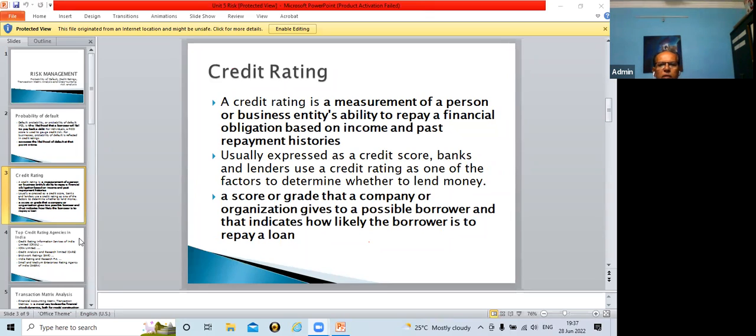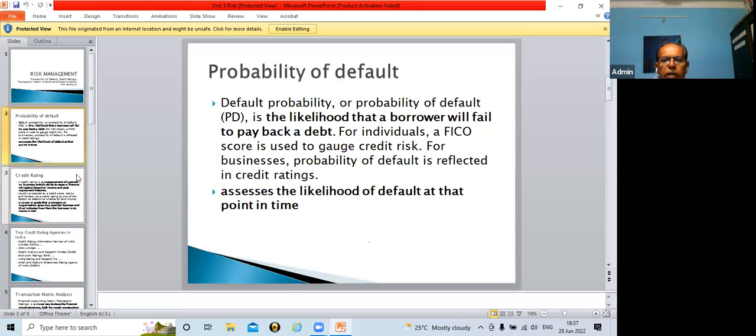Now, let's know which companies we have in India who are giving this credit rating. Who are giving credit rating? But have you understood what is credit rating?